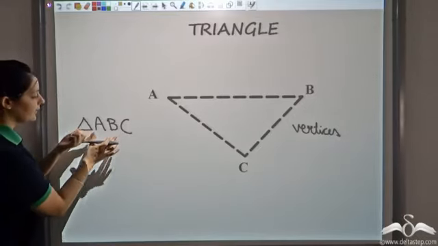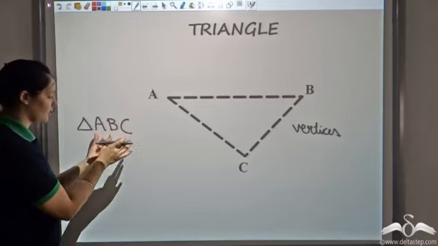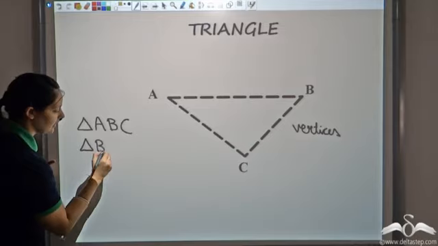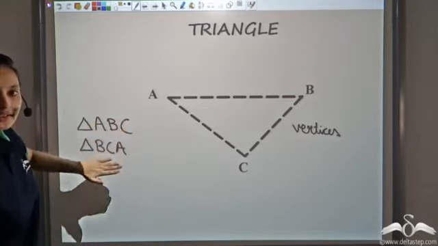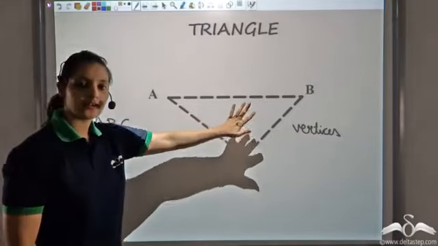Note here that A, B, C are the 3 vertices, and the order in which you write does not matter. So you can write triangle ABC or triangle BCA or CAB, whatever. And this triangle symbol here does not signify the shape.